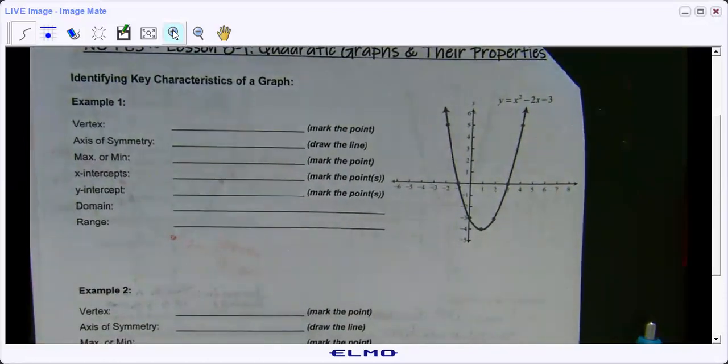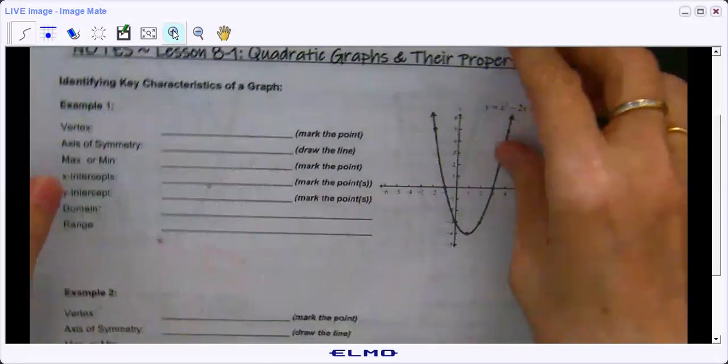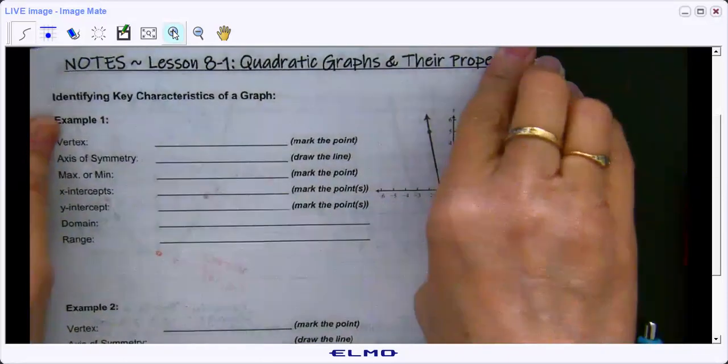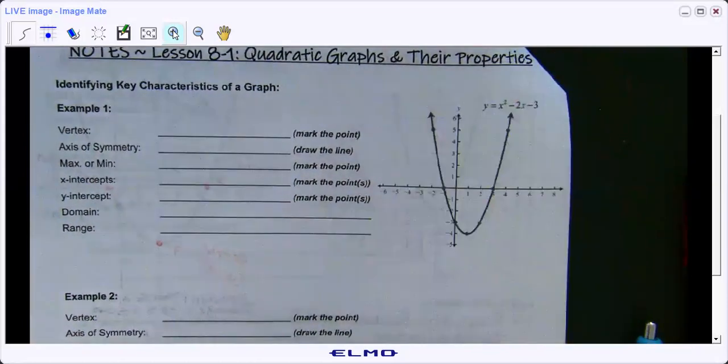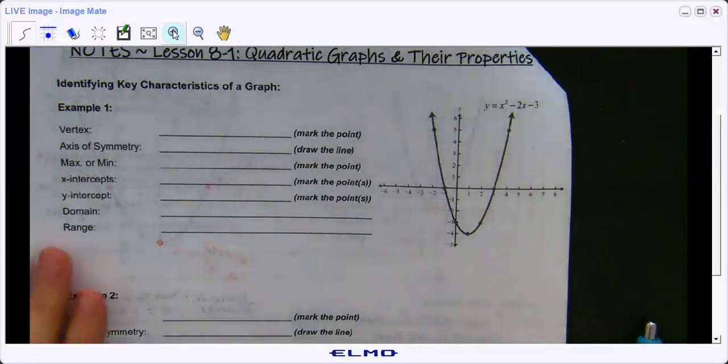Okay, so we are going to label or identify the key characteristics of this graph based on the vocabulary we just went over. So the vertex tells you that it is the center of your parabola. So if we were to come over here and find the center of our parabola, I want you to do that.